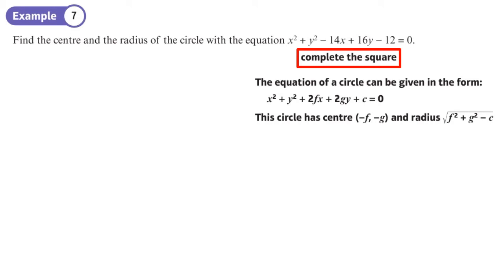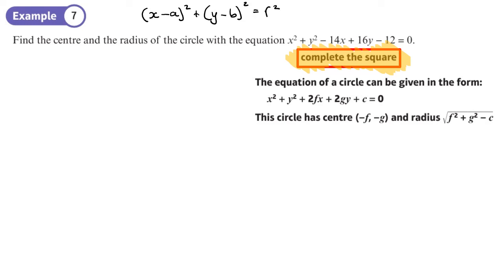Right, I want to find the center and radius of a circle with that equation. Now when it's in that type of form, what we do is we complete the square. We're going to complete the square on x, we're going to complete the square on y, and then that's going to help us get it into the right form, because to find the center and the radius we want it looking like this, and at the moment it doesn't look anything like that.